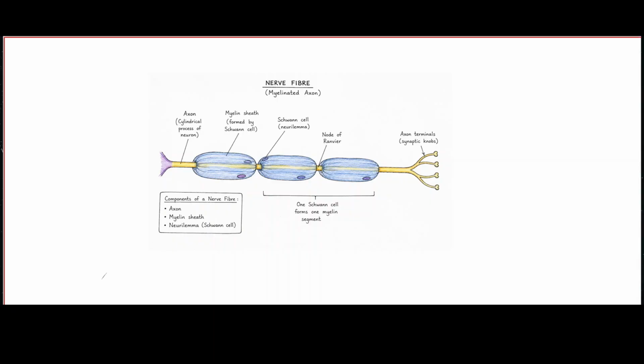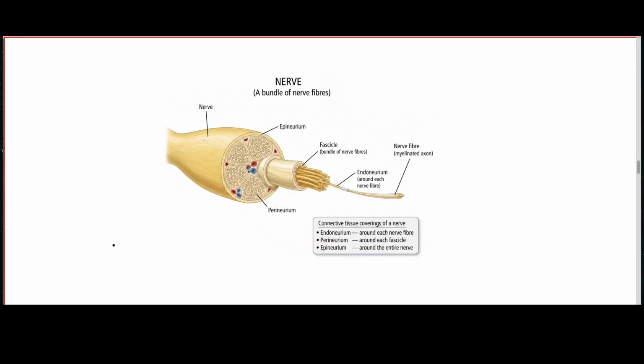Now when we talk about a nerve, a nerve is a bundle of many nerve fibers that are traveling together outside the central nervous system. So when nerve fibers come in bundles, they make up a nerve.